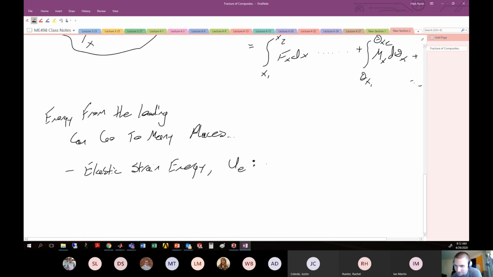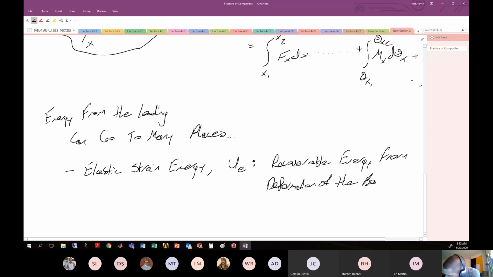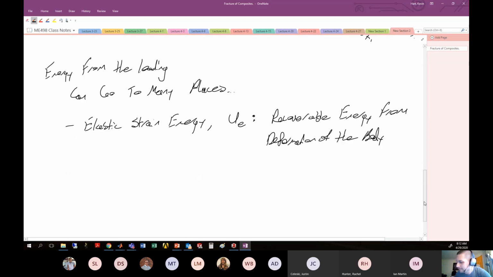So this is recoverable energy of deformation. Recoverable energy from the deformation of the body.